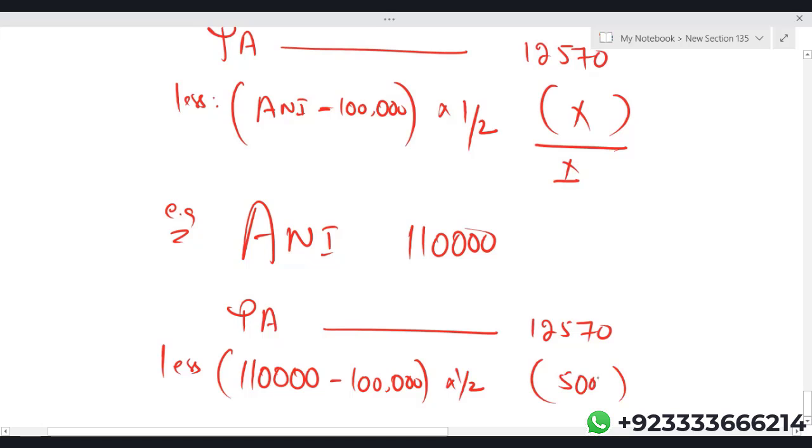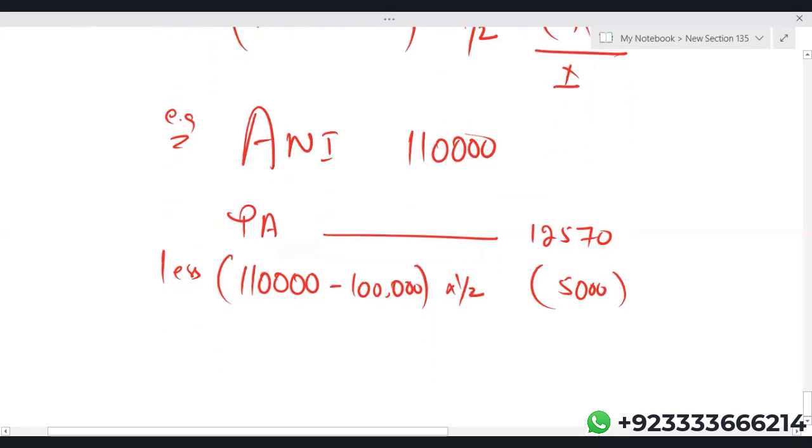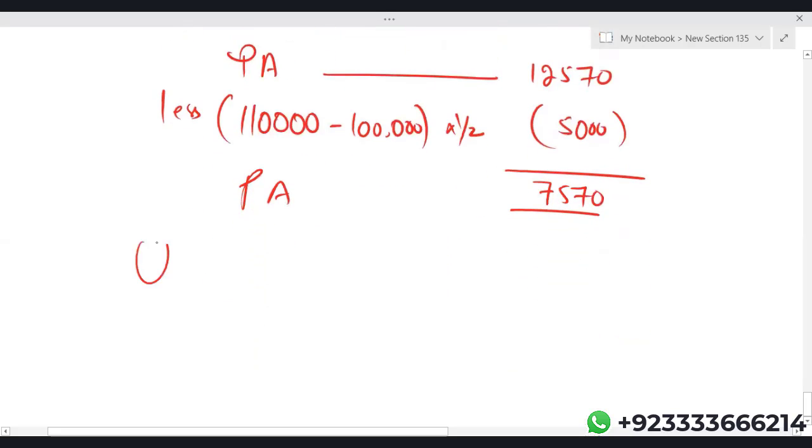Obviously 5,000. So how much personal allowance will be available? It will be 7,570.